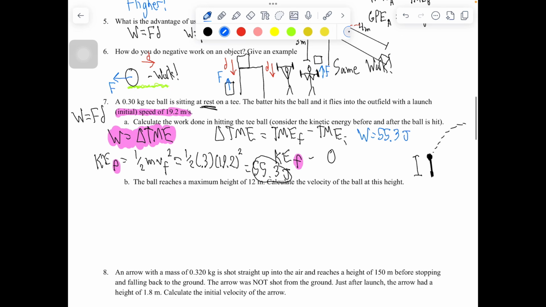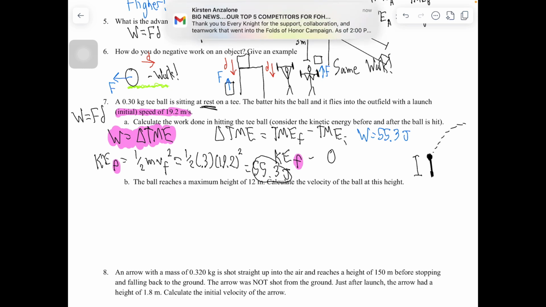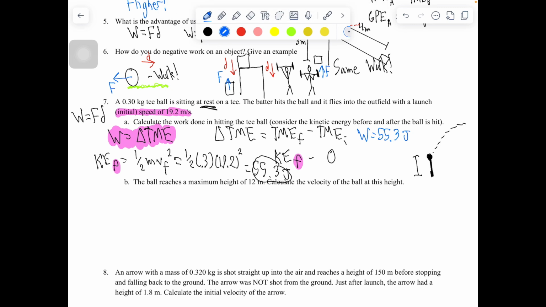Part B: the ball reaches a maximum height of 12 meters. Calculate the velocity of the ball at this height. Okay, so this is going to be a conservation of energy. Here we didn't specify this, but we are going to say that the ball is starting at a height of 0, and it reaches a maximum height of 12 meters.